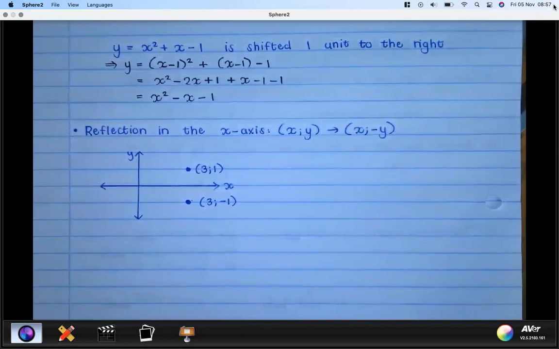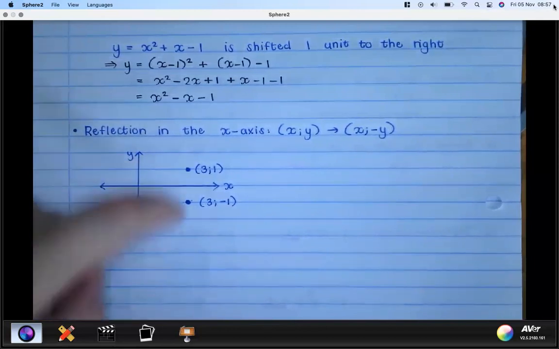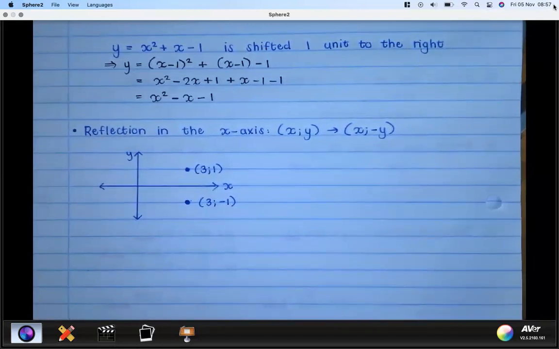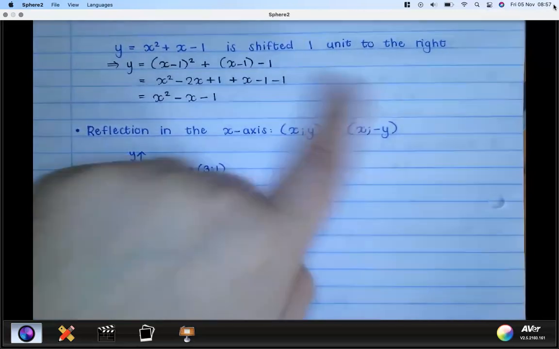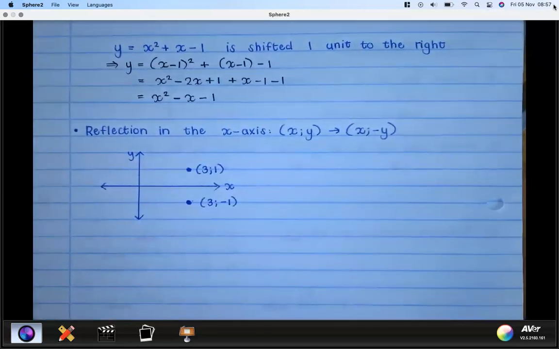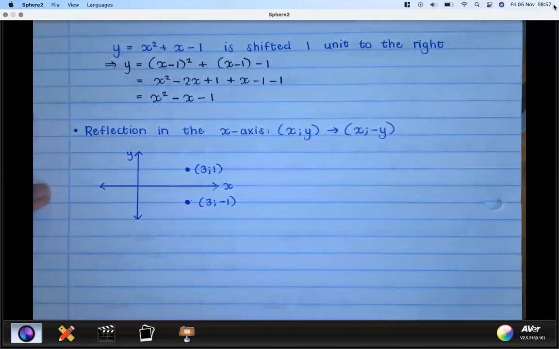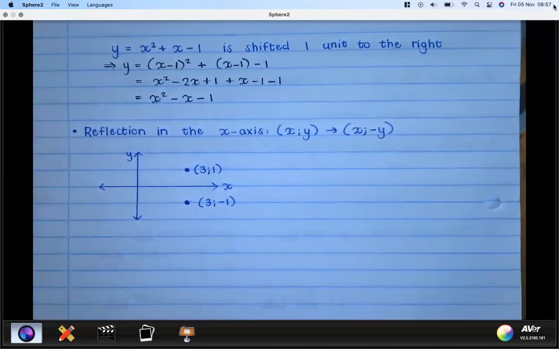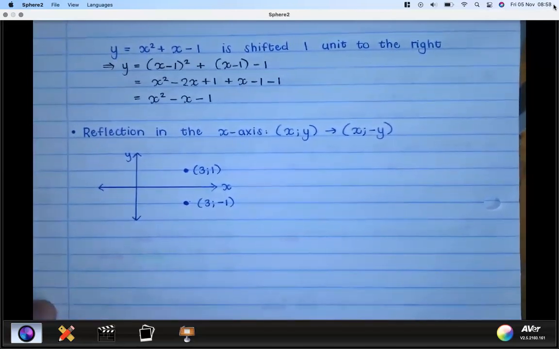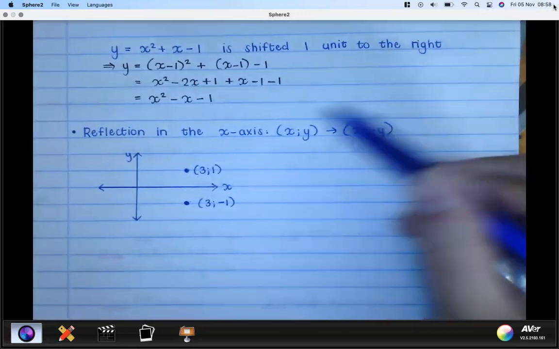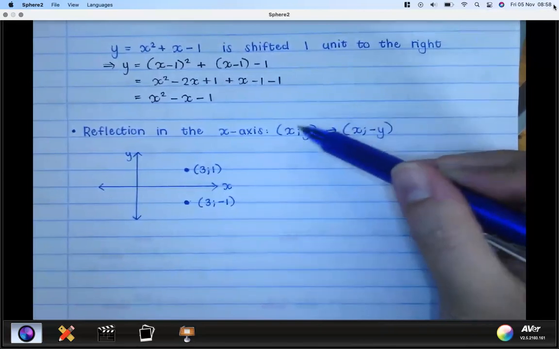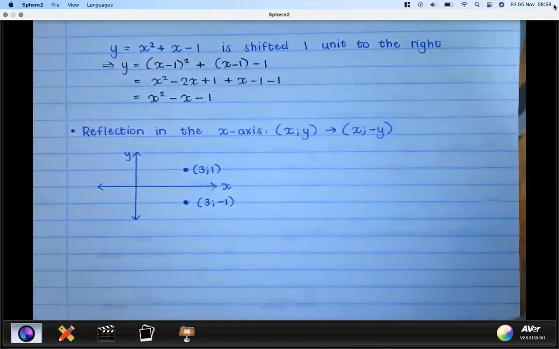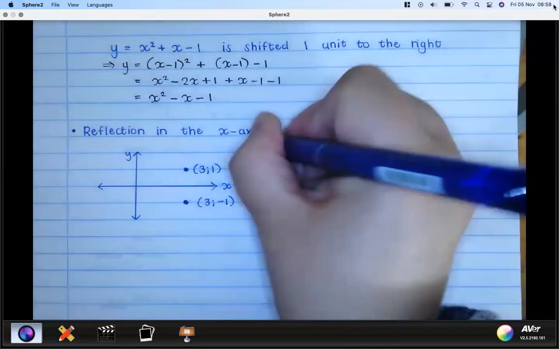When you reflect the graph in the x-axis, every single point will keep its x value and will change the sign of its y value. So this is what we actually do to the equation as well. Instead of doing it to every single point, we do this in the equation. In your equation, your x is going to stay x, but whatever your y was is going to change its sign.